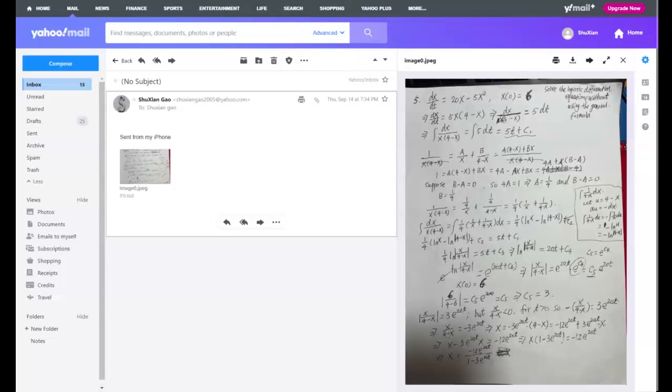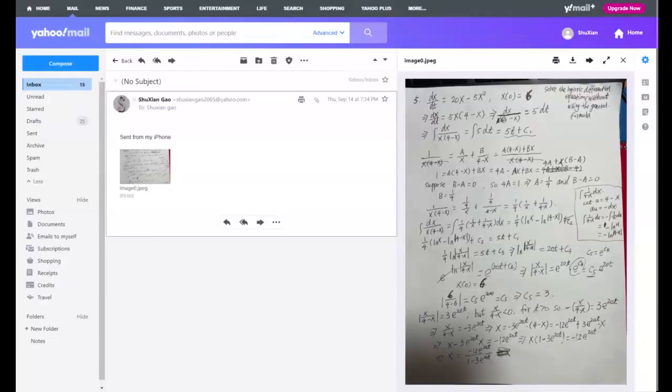We integrate both terms. The 1/4 is a constant, so it doesn't change. The integral of 1/x gives ln x. For the integral of 1/(4 - x), I use u-substitution: u equals 4 minus x, so du is negative dx.